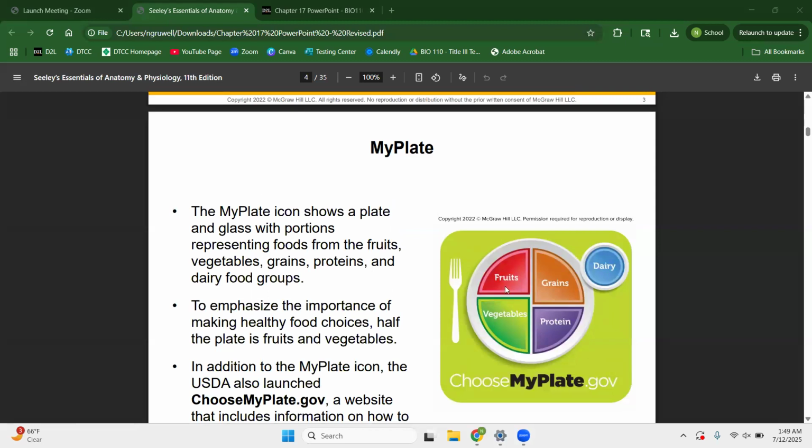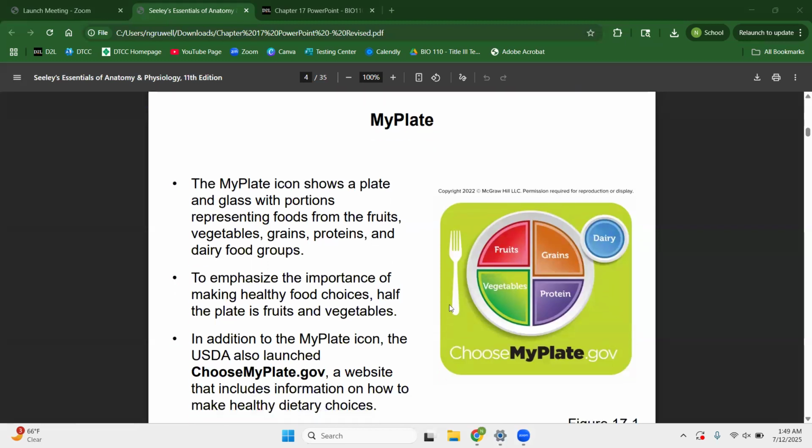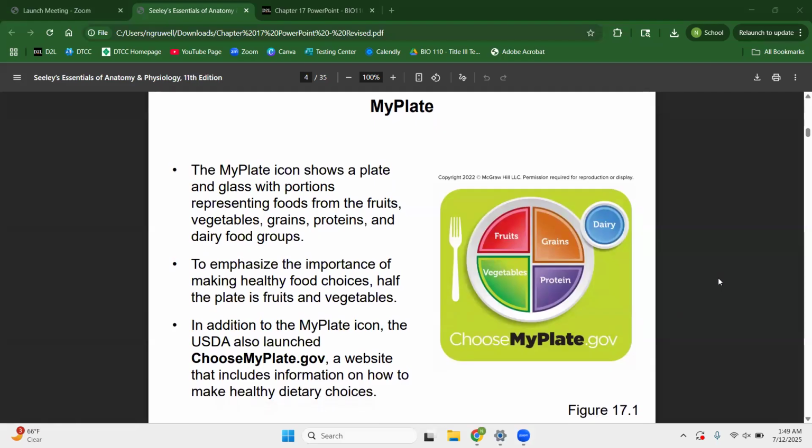And so this is what MyPlate looks like. The idea is that it's showing what your plate should look like in terms of portion size. You can see half of our plate here is fruits and vegetables, and then the other half is our grains and protein. And then we have some dairy in the glass next to it.